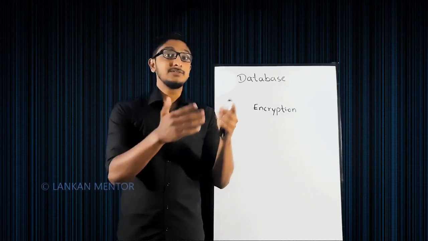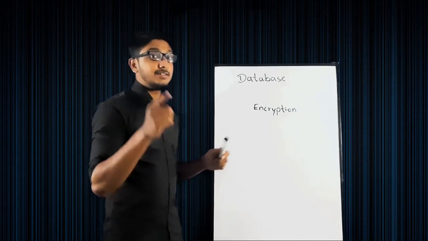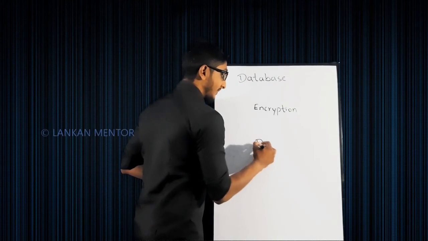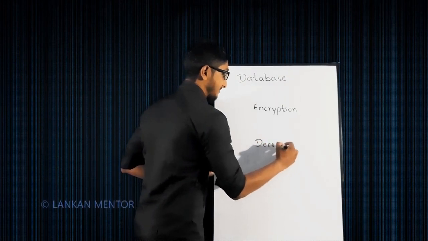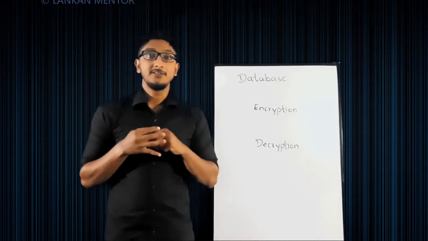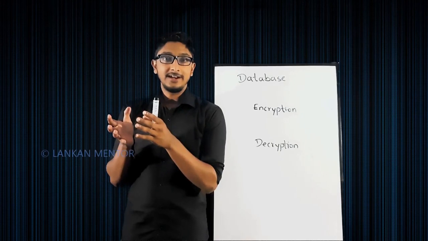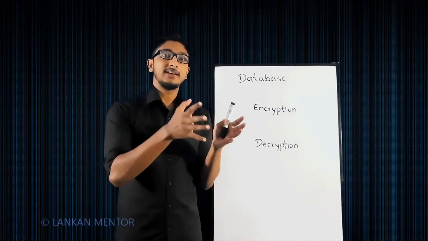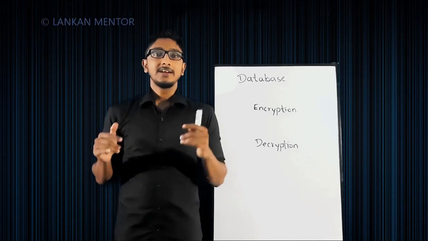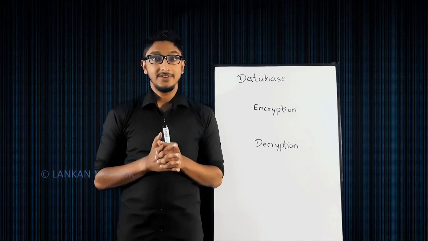When it was received at the other end, that encrypted data was decrypted. Decrypted means from the unreadable format, bringing it back to the readable format. So the person cleaned everything and picked those two diamond rings, right?